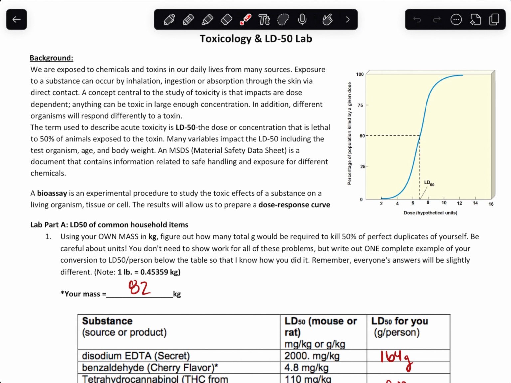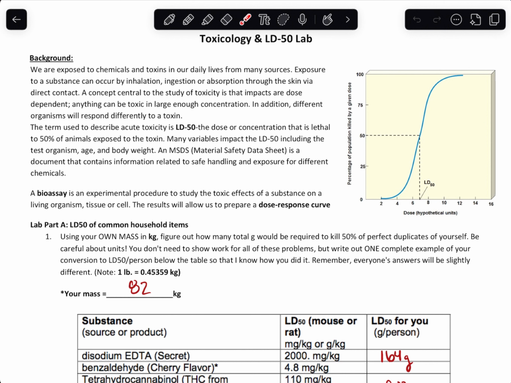So they subject rats or mice or rabbits sometimes to different concentrations or doses of a particular chemical or substance, and they keep increasing the concentration until they reach 50% death, and that is known as the LD50. So it's essentially the amount of a substance that would kill half of the animals exposed to a potential toxin.